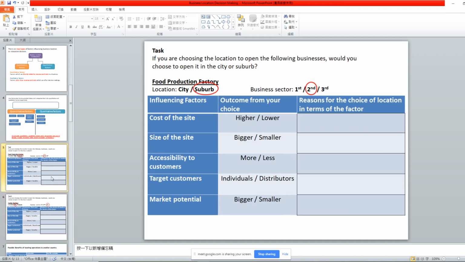Yeah, two tables. So go back to Google Classroom and get that file. Try to download it and finish it.